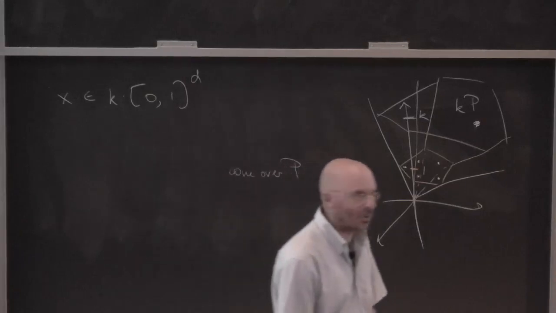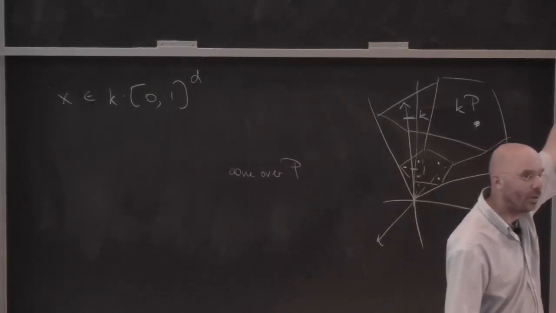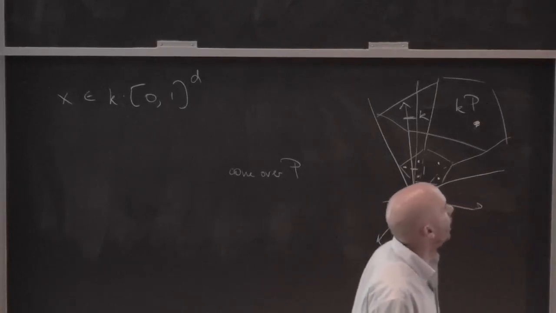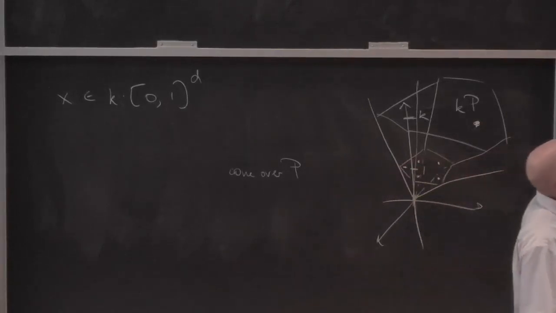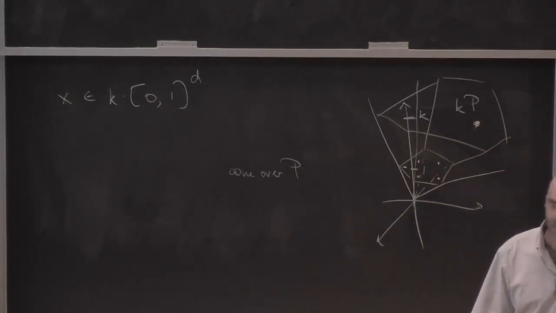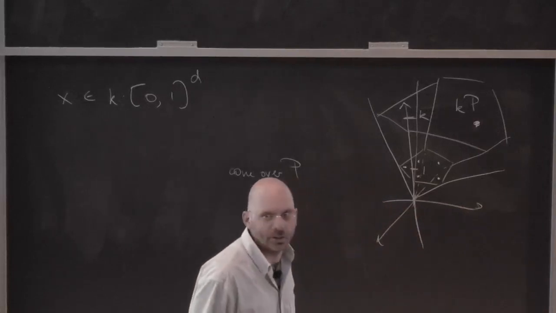Anyway, there are increasingly hard conjectures. They're all open. Already for hypersimplices and order polytopes, we don't know any examples of Ehrhart polynomials for which the H star polynomial is not unimodal, but we can't prove it in general.